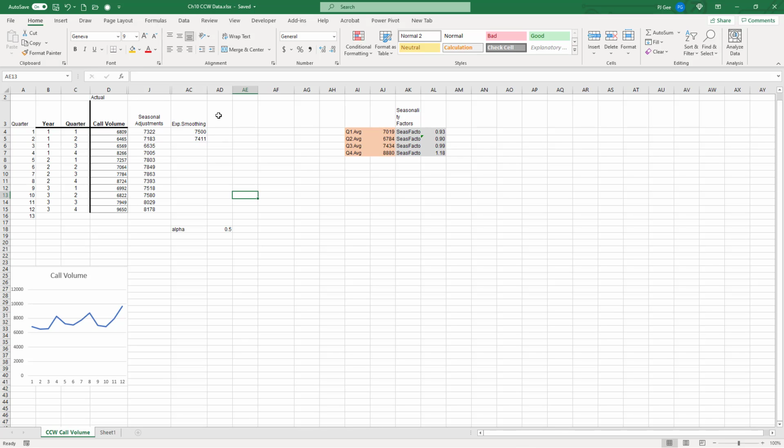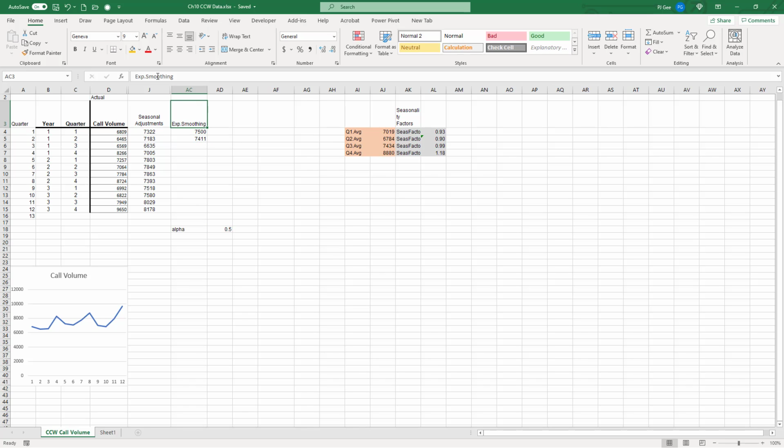That might kick it. Something has to instigate Excel to start using the cell references. What I'm trying to show here is that the word alpha should show up where it says 8018. So alpha times J4, our seasonally adjusted, plus 1 minus alpha times the previous forecast.